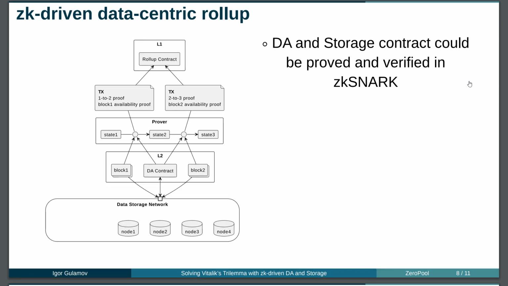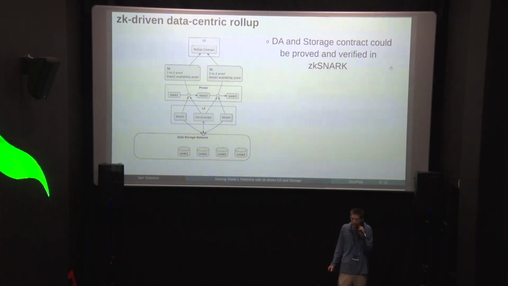We have ZK smart contract on which the nodes can mine the data, mine rewards with the data, and then we can join the proofs that the data is stored and available with execution proofs of rollups, and then we get ZK proof that state transition of rollup is correct, and the block data is available.